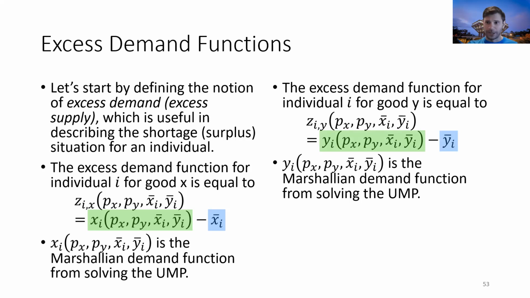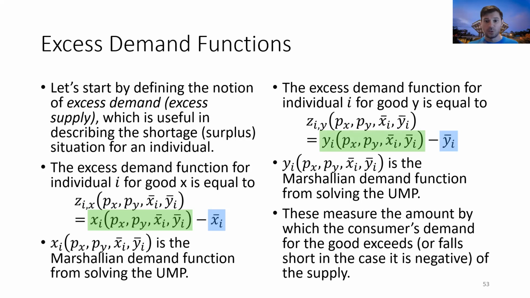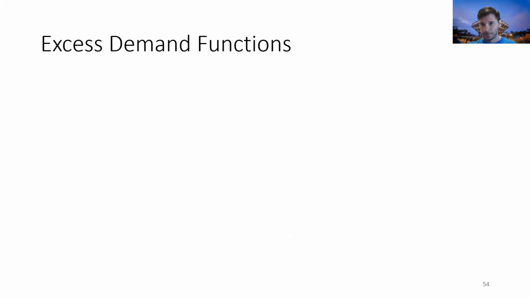So this is measuring the extent to which individual i's demand for good Y exceeds the supply of good Y. If that's positive, we have an excess demand situation, a shortage. If that's negative, then we have an excess supply situation, a surplus. So these are the excess demands for an individual for the moment.